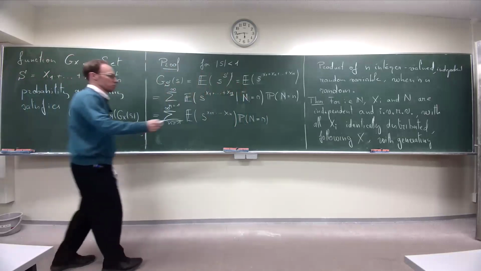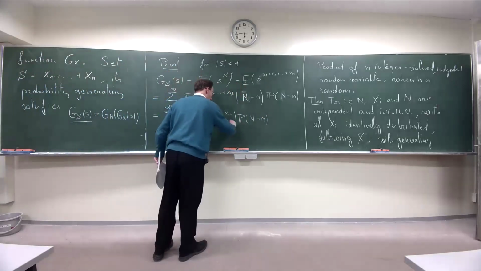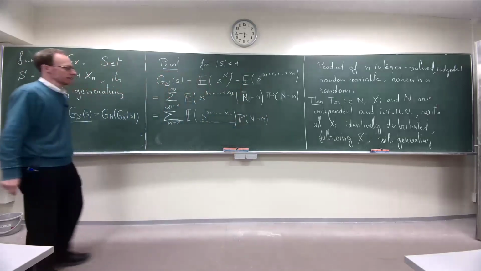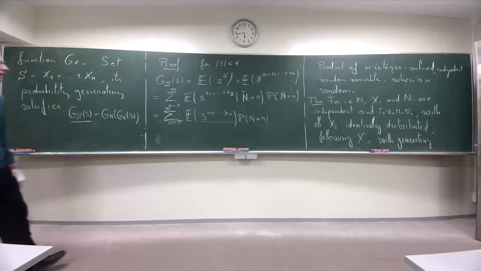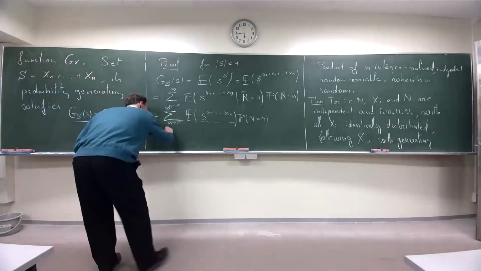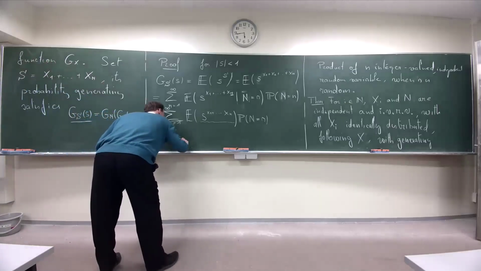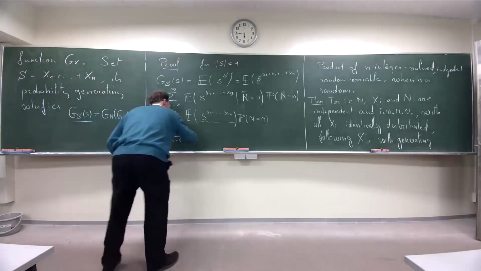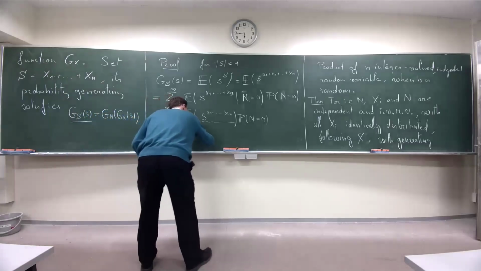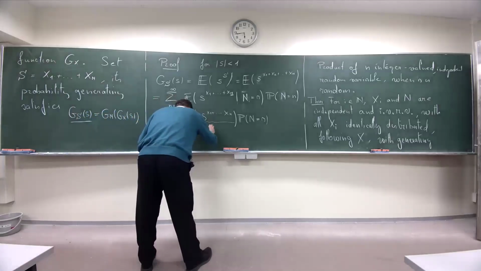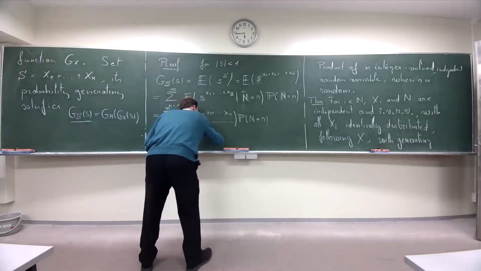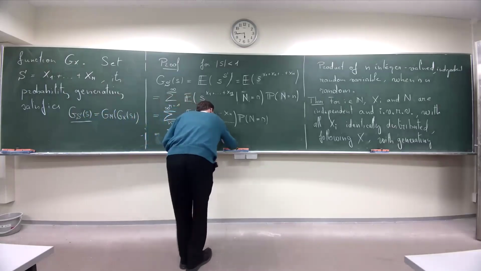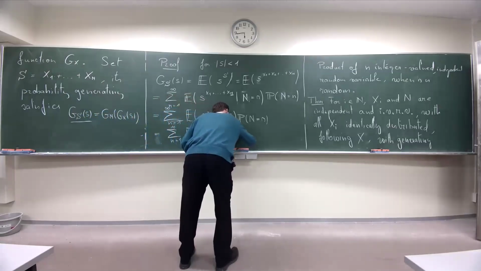And now, what we said before, I can use a property of this exponential. So I end up with the sum over n from 1 up to infinity of the expectation of s to the power X1, s to the power X2, up to s to the power Xn.